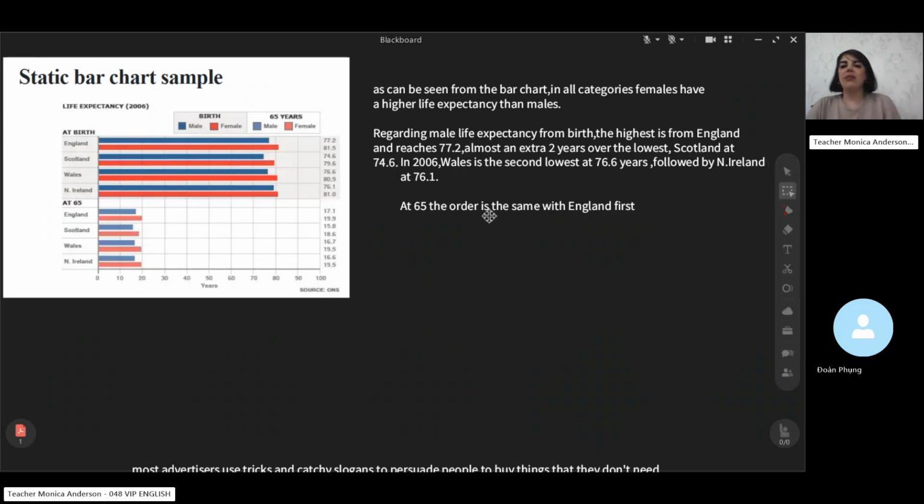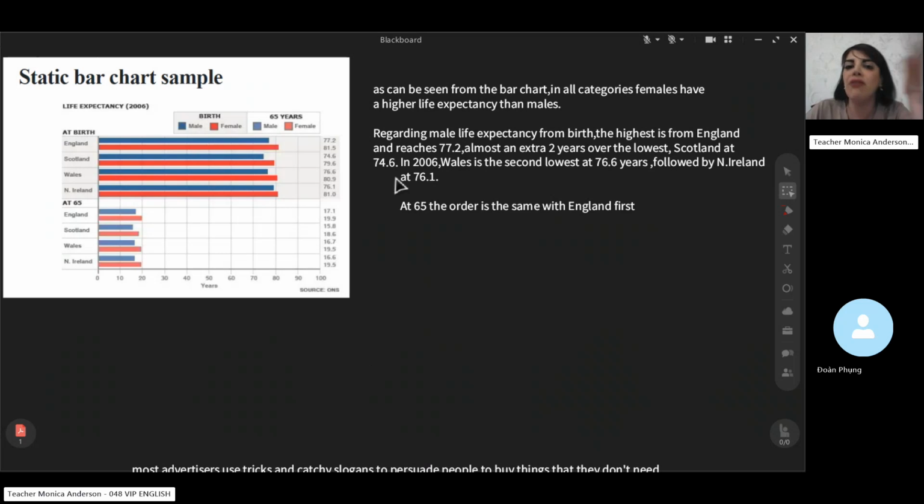But you have female and male. You need to put all the information about male in the first paragraph, then female. Here you don't need to separate it. I'm just writing about male, and then you change it to female in the next paragraph, so you will have two paragraphs, male and female.